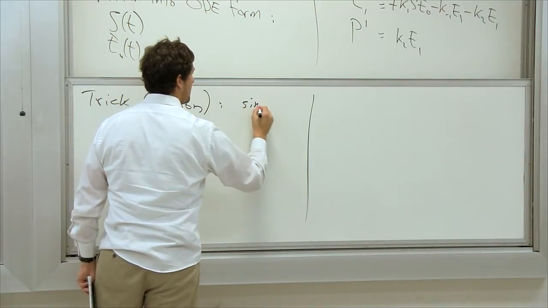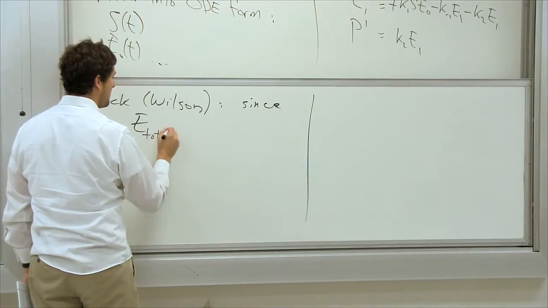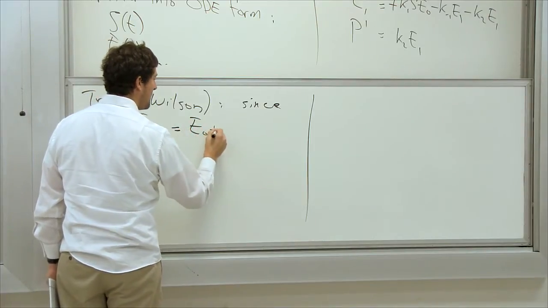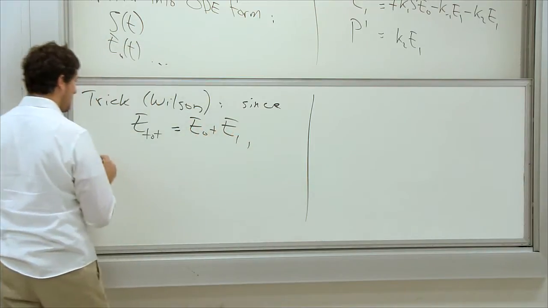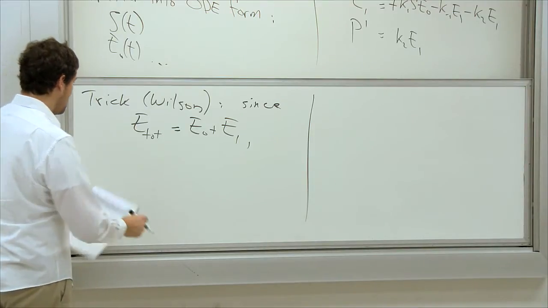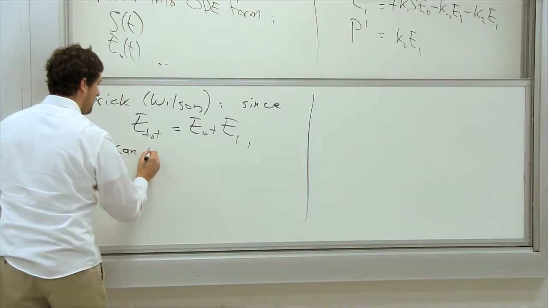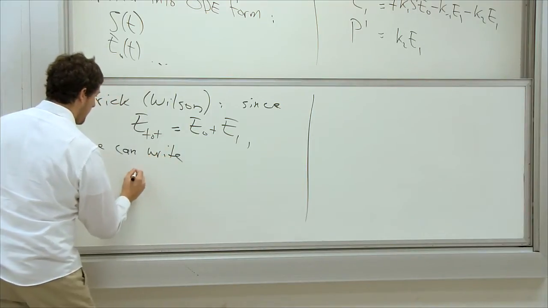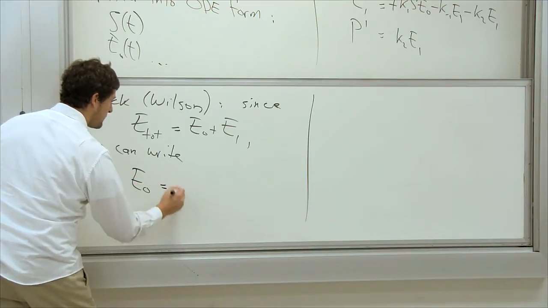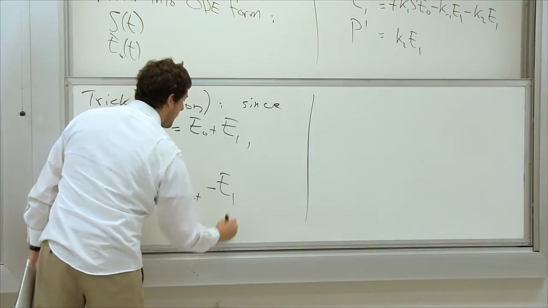Since E tot is equal to E0 plus E1, we can write E0 equal to E tot minus E1.